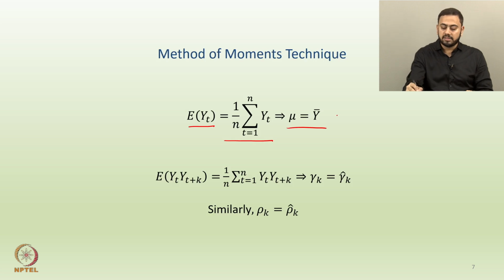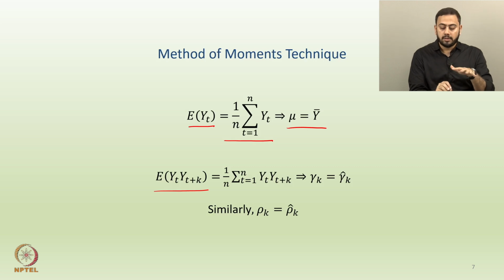So, this would be my first equation, and of course, if you have more parameters, then you have to create that many equations. This could be a generalized kind of equation. Let us say expectation of yt into yt plus k, again the population version. This gives you gamma k, the covariance, because expectation of yt into yt plus k is nothing but the covariance, assuming that the process has a 0 mean.